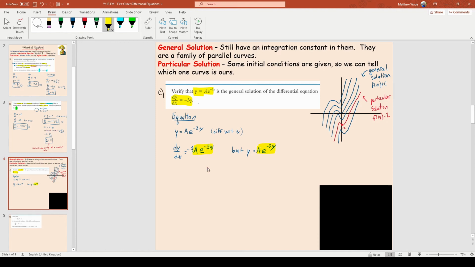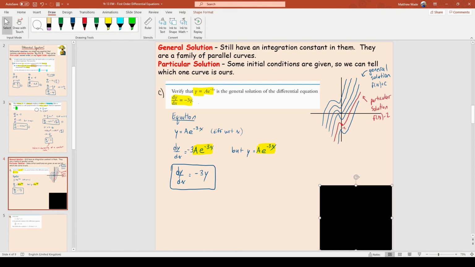Cool beans? So you can swap. That means that dy/dx is equal to minus 3, which is chillin', but ae to the minus 3x is y, which is what we set out to do. Bish bash bosh, no trouble at all. Absolutely smashing it. I like it. Yeah, so that's it. Cool.